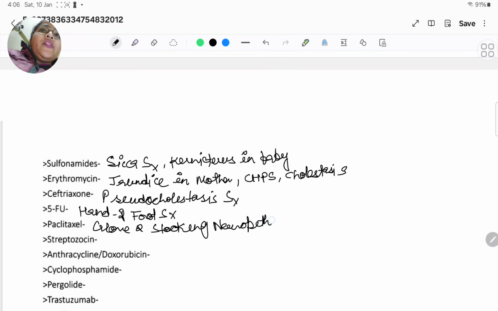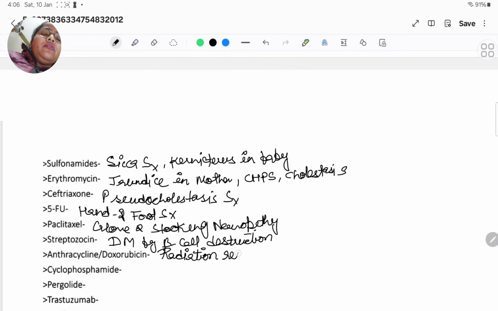And streptozocin, which is also an alkylating agent, causes diabetes mellitus by beta cell destruction. Anthracycline and doxorubicin, as you all must know, cause radiation recall syndrome, and it is cardiotoxic.